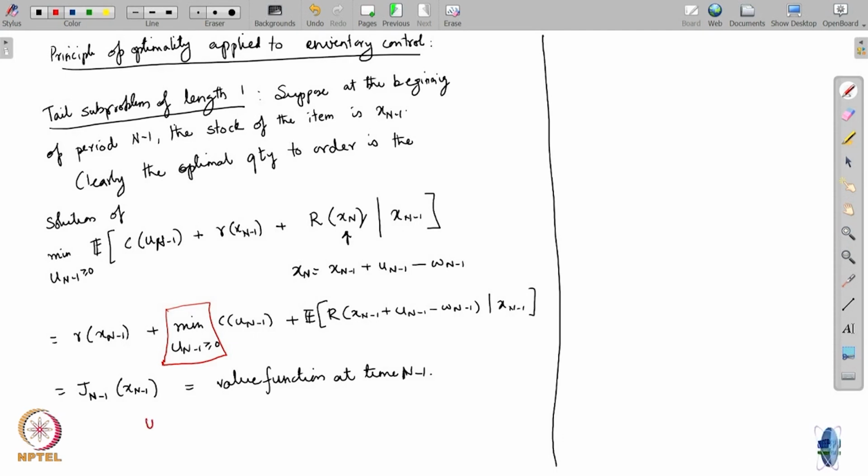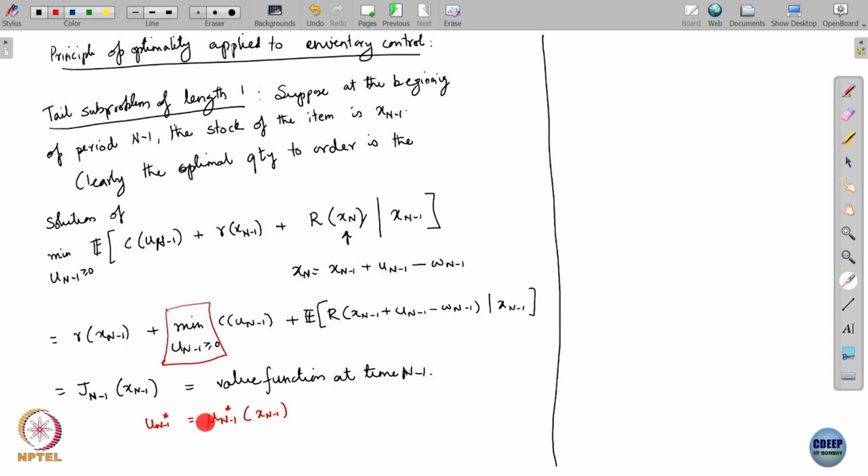So, u n minus 1 star is implicitly coming out as a function of x n minus 1. This dependence of the optimal solution on the parameter x n minus 1 that we have chosen, where x n minus 1 was the parameter and u n minus 1 star is the optimal solution, defines for you the function mu n minus 1 star.